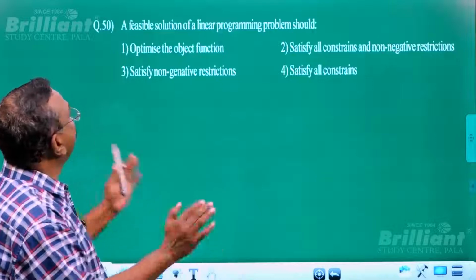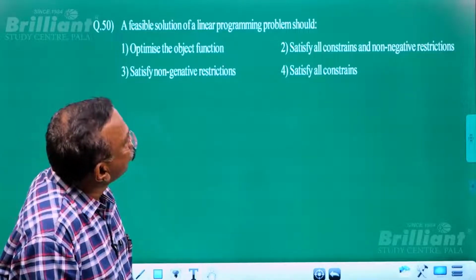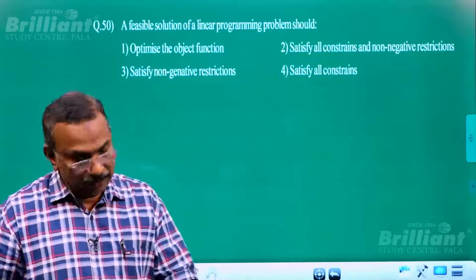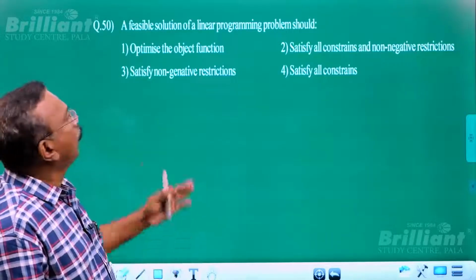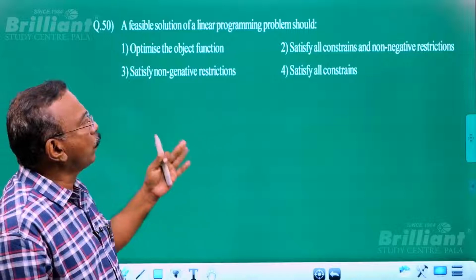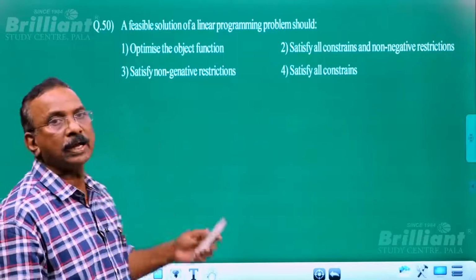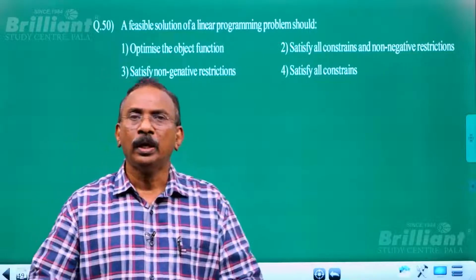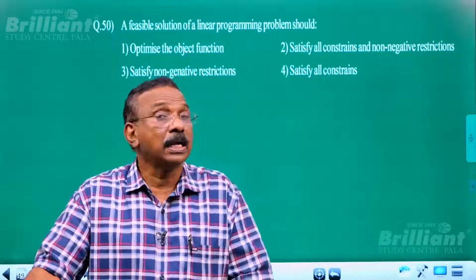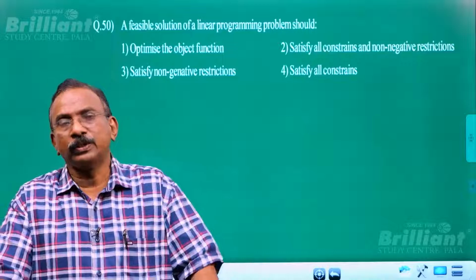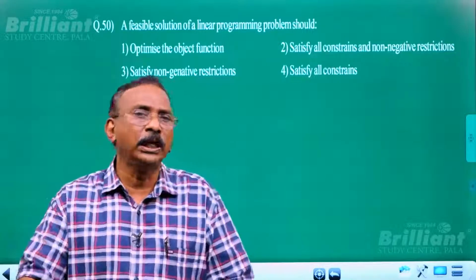So I come to the last problem. A feasible solution of a linear programming problem should be what? A feasible solution is one that satisfies all constraints and non-negative restrictions. There are some restrictions given, subject to the initial feasibility for x, y and z, etc. At the same time, some constraints are given, and most of them are inequalities.